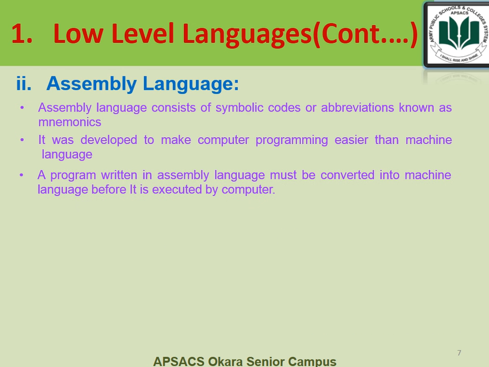A program written in assembly language must be converted into machine language. Any program, whether it is in high level language or assembly language, must be converted into machine language because the computer only understands machine language. So any high level language program or assembly language program will be converted into machine language for understanding by the computer.